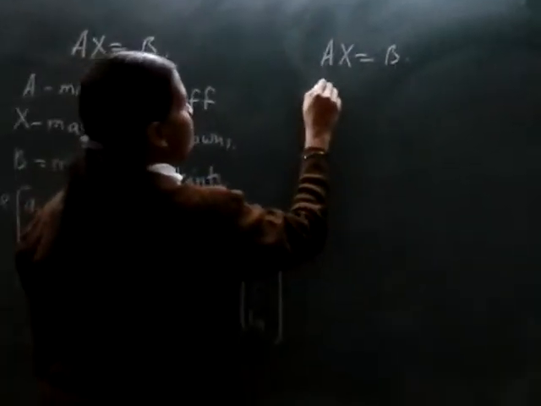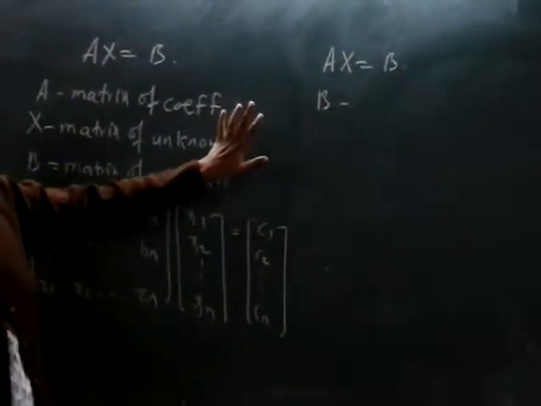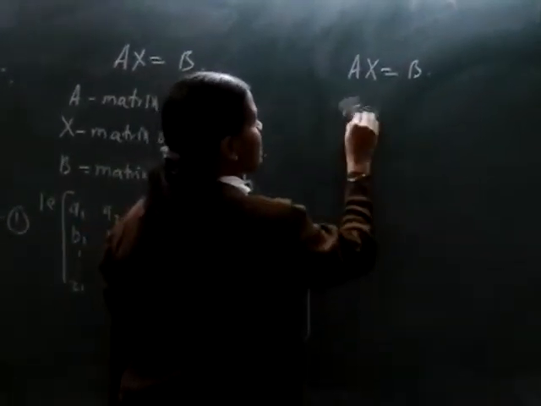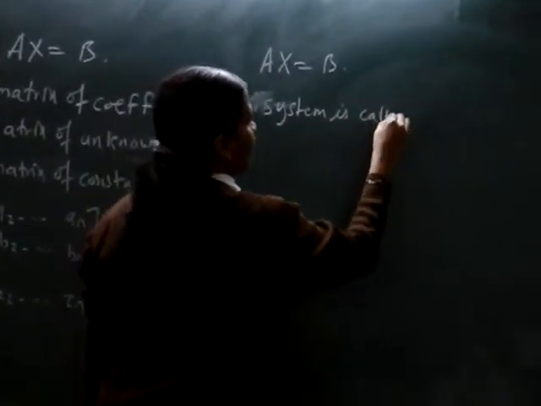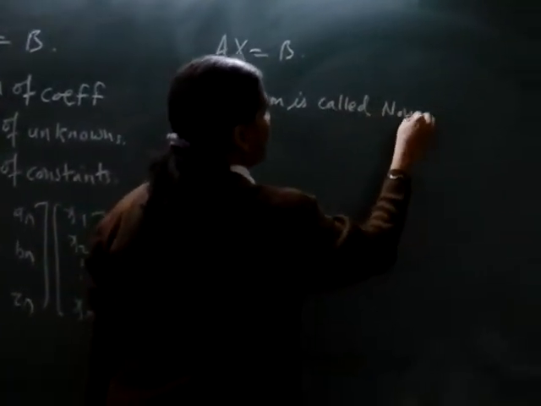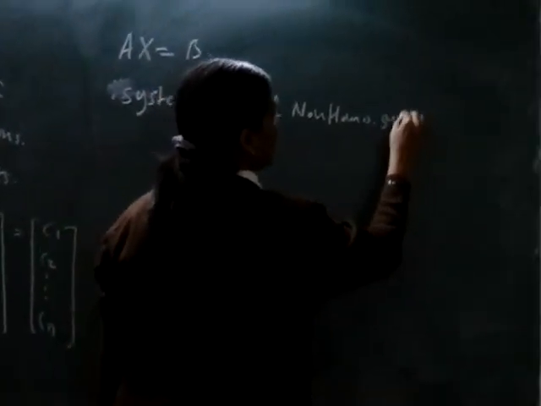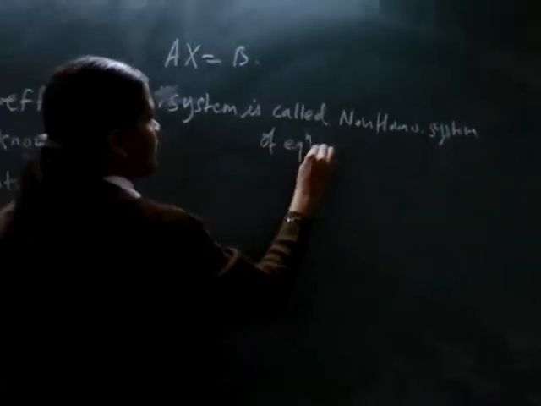Now in the system of equations AX is equal to B, if the elements of the matrix B are non-zero, then that system is called a non-homogeneous system of equations.